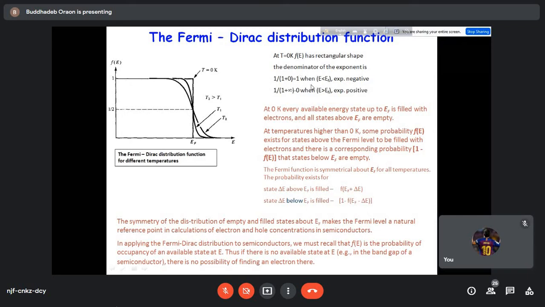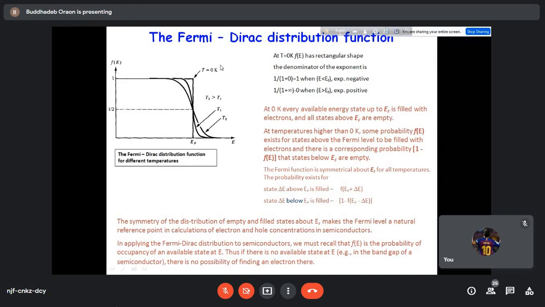If the energy level E is less than EF, then we get the probability as 1, and at absolute zero there will be no electrons above the Fermi level. So all the electrons will be occupying the energy levels below the Fermi energy level. That is why the graph is something like this.